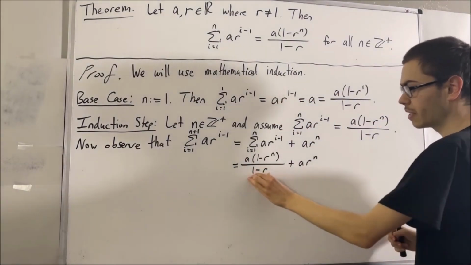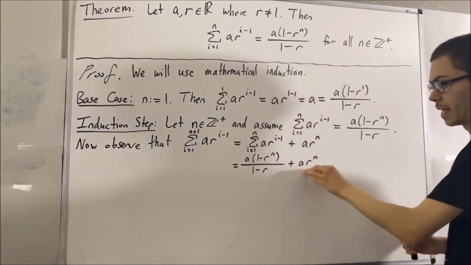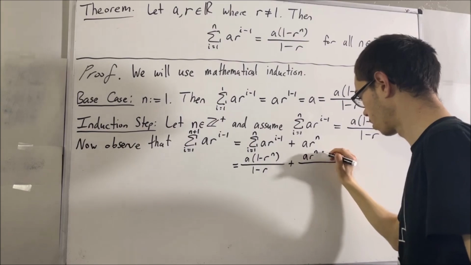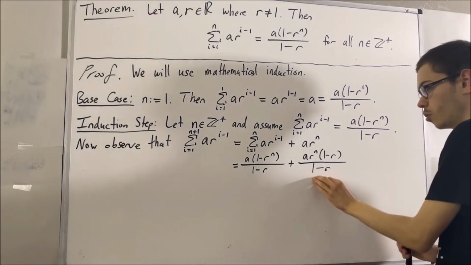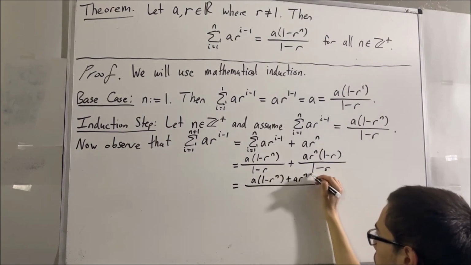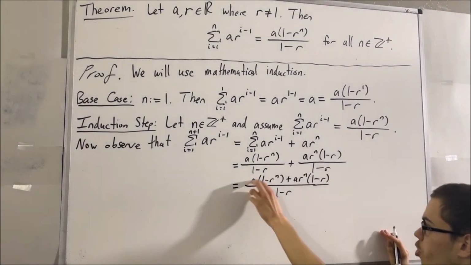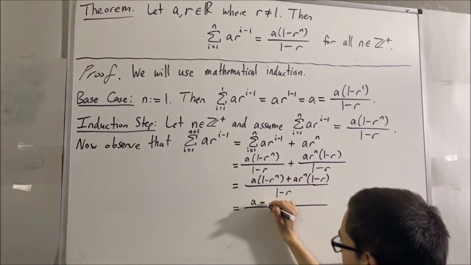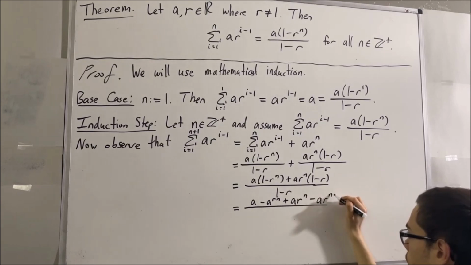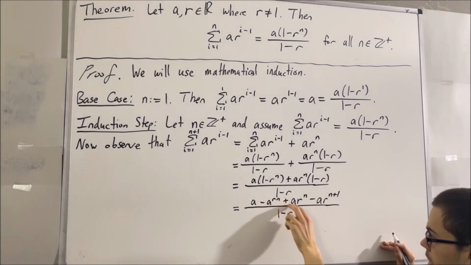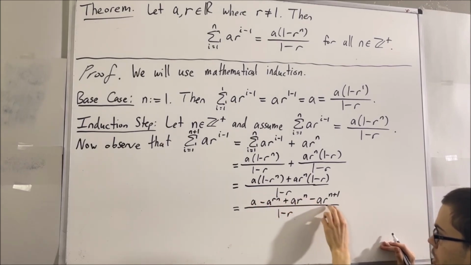And we can combine these two terms into a single fraction by getting a common denominator of 1 minus r. So combining these two into a single fraction, we get, and if we distribute across these parentheses in the numerator, what we get is, we see that the negative a r to the n plus a r to the n cancel out, so in the numerator we're just left with a minus a r to the n plus 1.